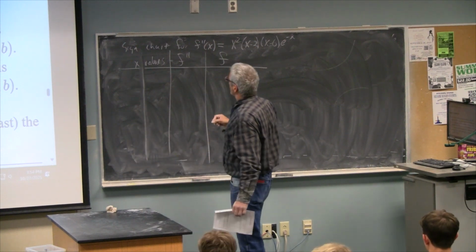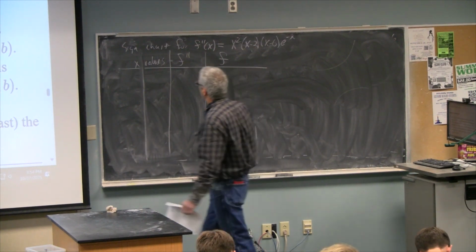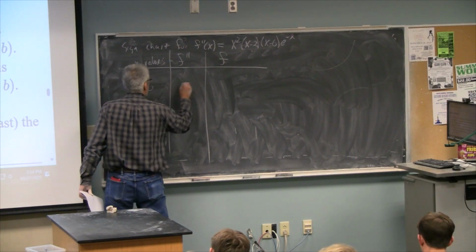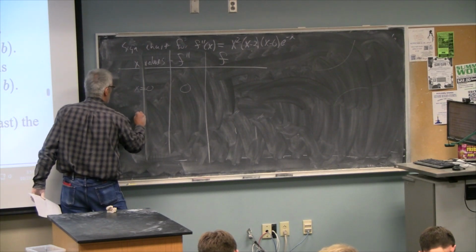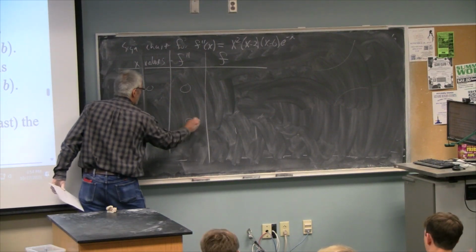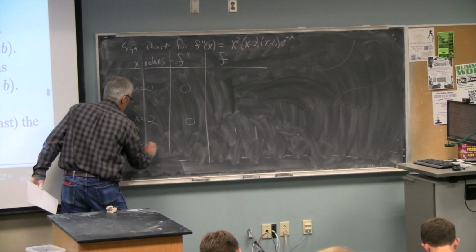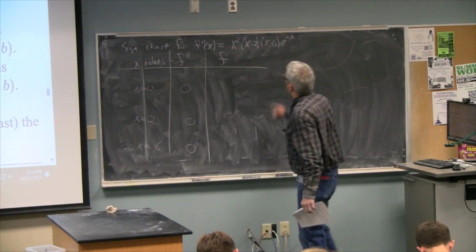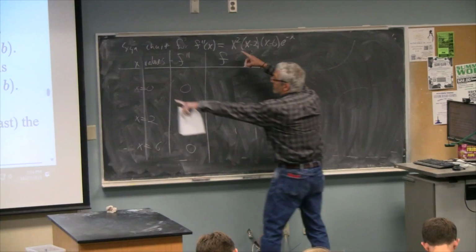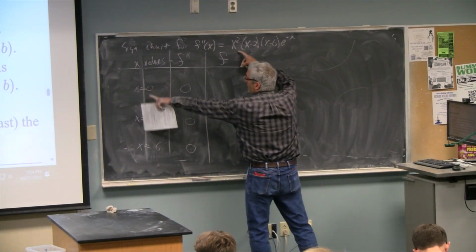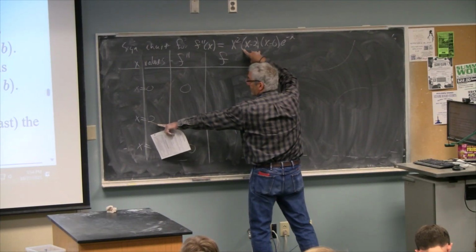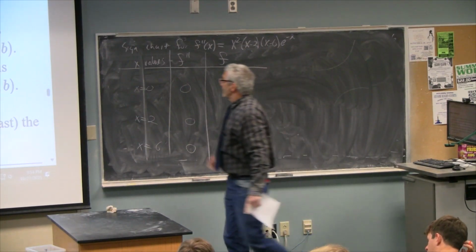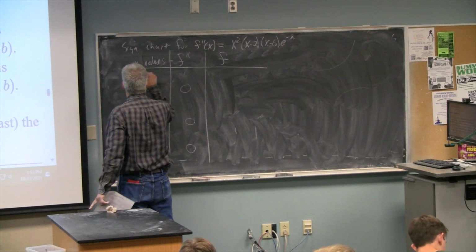So the x values where f double prime is 0 are x equals 0, and x equals 2, and x equals 6. Because that causes that factor to be 0, which kills the whole thing. This causes the second factor to be 0. This causes the third factor to be 0.